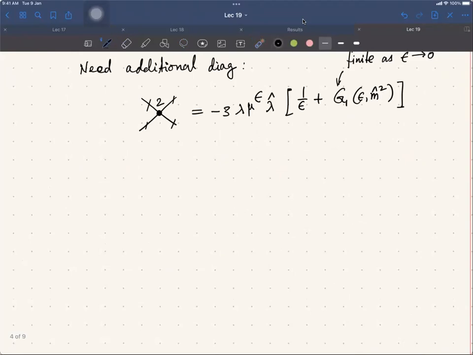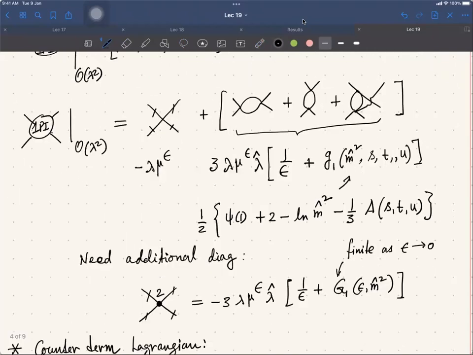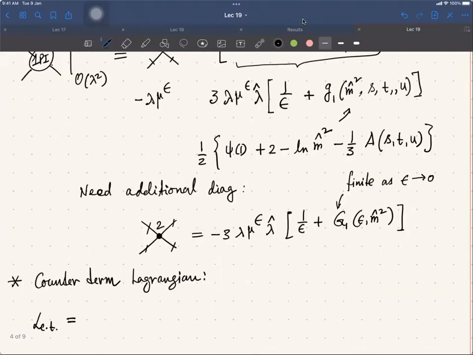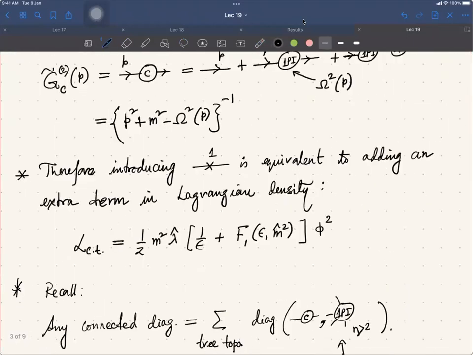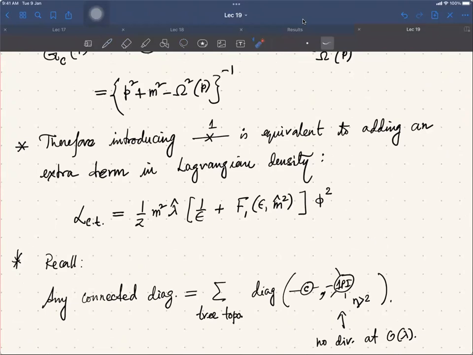The counter term Lagrangian will be given by, earlier we calculated it for phi square, which is this one. So let me write this.